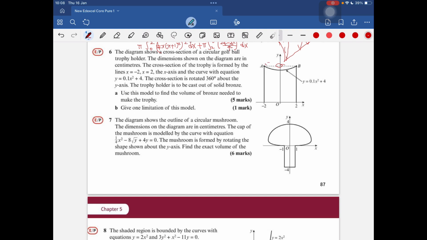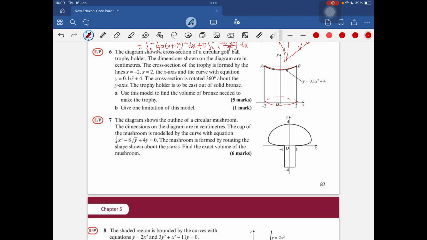When we rotate it, we can guess the solid looks like this. Actually, no, my drawing looks like a cylinder, but it's like this. You know what I mean? So here is high and this is low, something like that.